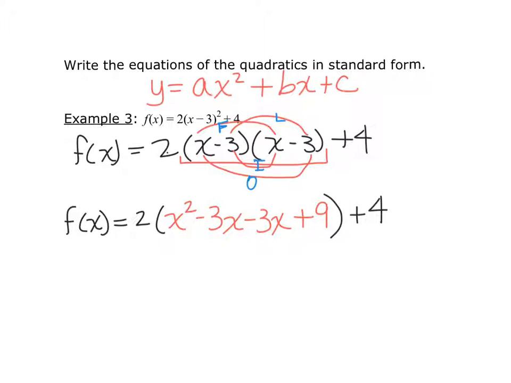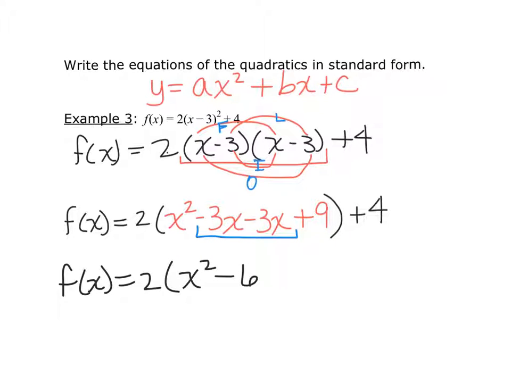So now I see we have like terms here. We have f of x equals 2 times x squared minus 6x plus 9 plus 4. So we combined like terms in the middle. Negative 3x minus 3x is negative 6x.